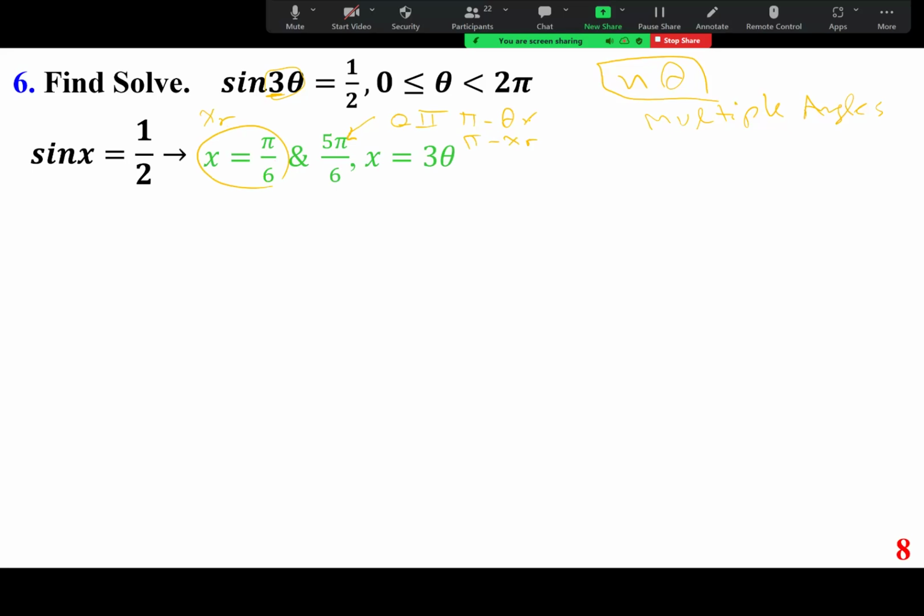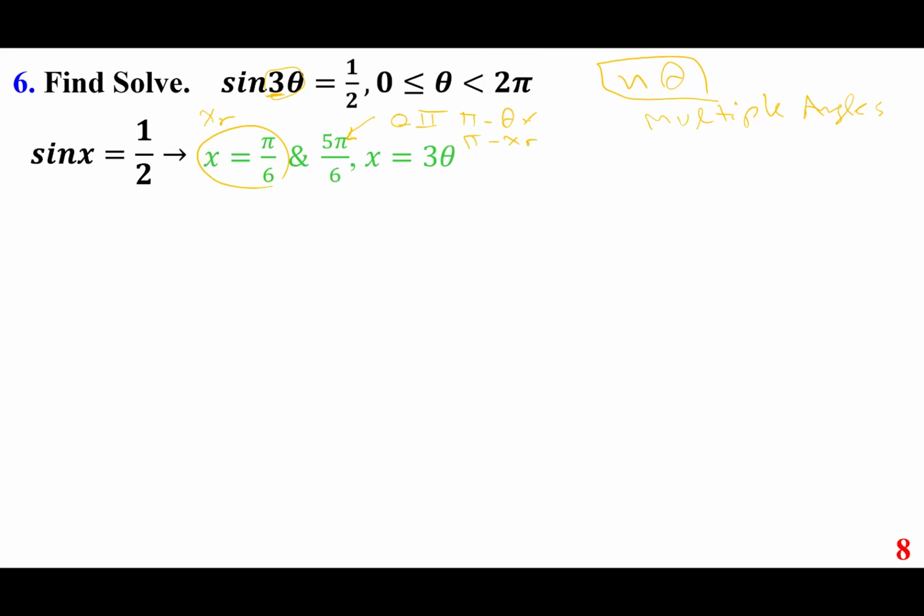It's very straightforward and you need to know the quadrants. I can't emphasize this enough. We know the quadrants, we know where sine is positive, and so we are in good shape. Now, x is 3 theta. Let's set it up. 3 theta is pi over 6 plus 2n pi, and then you divide by 3.